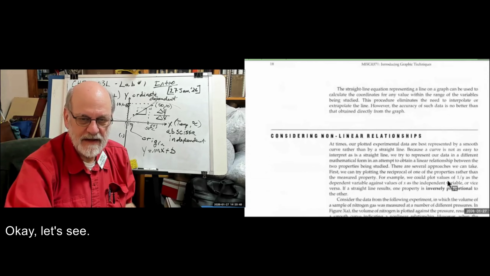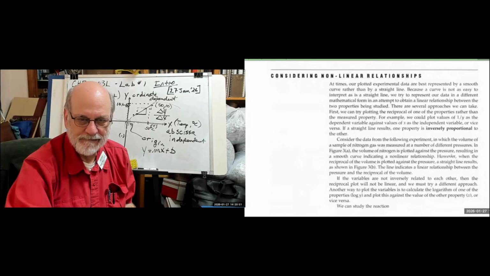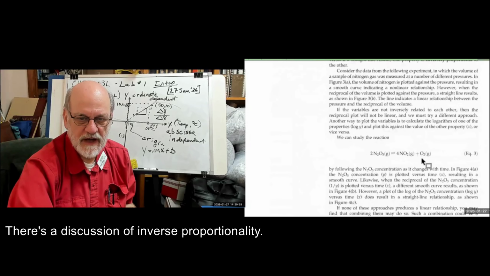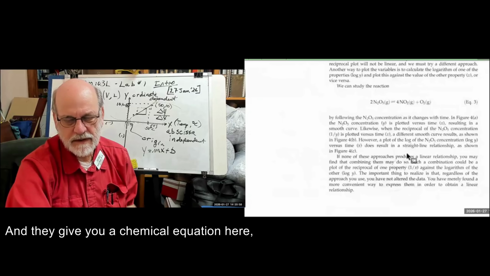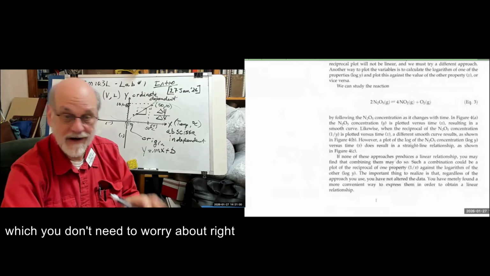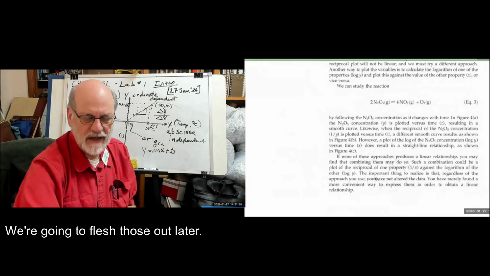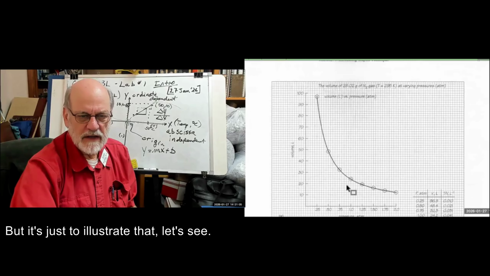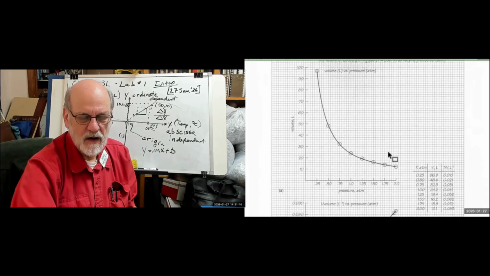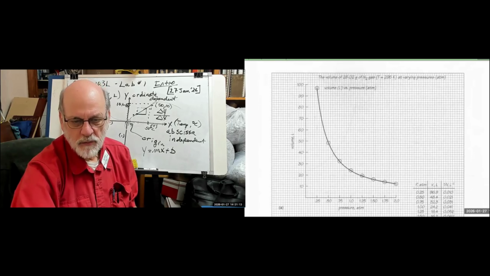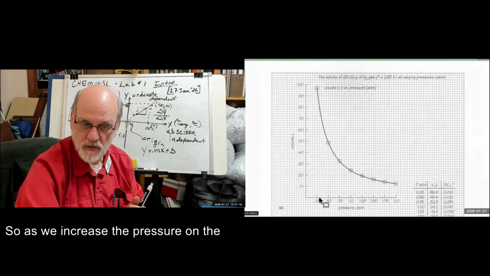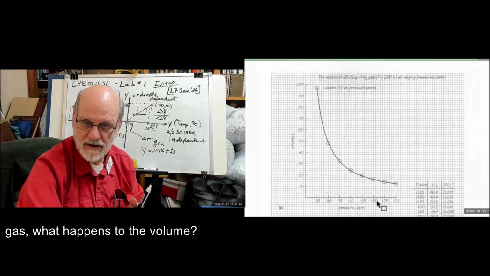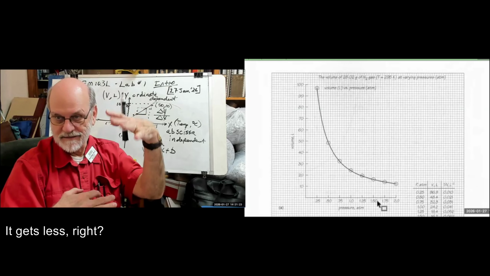Okay, let's see. There's a discussion of inverse proportionality, and they give you a chemical equation here, which you don't need to worry about right now. We're gonna flesh those out later. But it's just to illustrate that. Let's see. Okay, here's a good graph. Pressure versus volume of a gas. So as we increase the pressure on the gas, what happens to the volume?